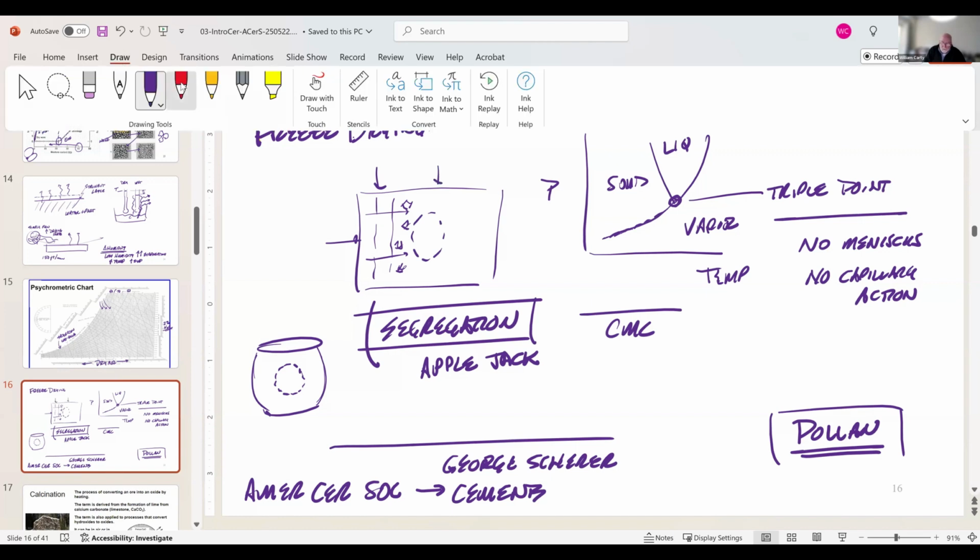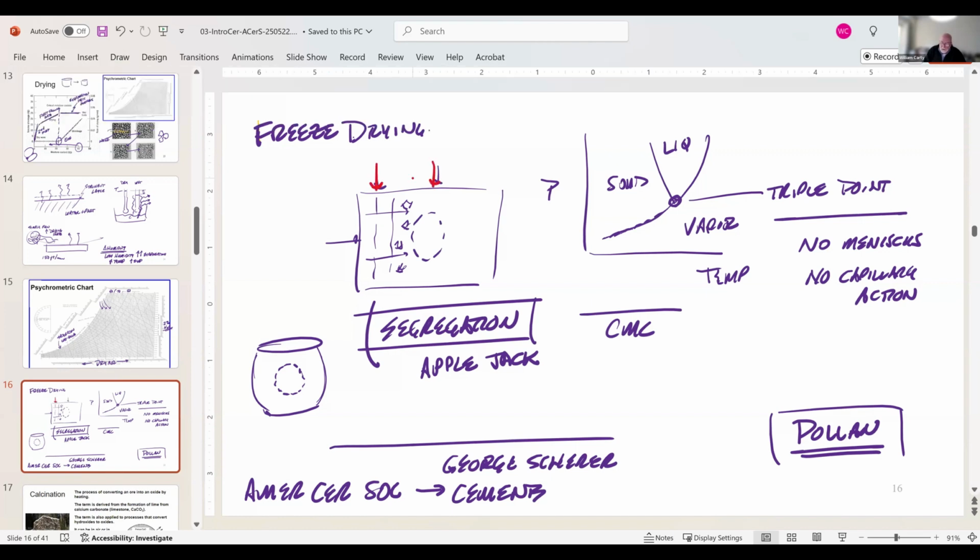You would segregate your material to the center, and that may be what you're seeing: segregation because of that freezing front. It's going to push any dissolved salts in the system.